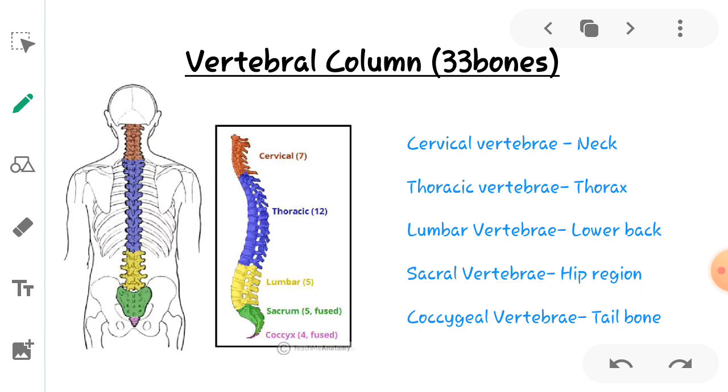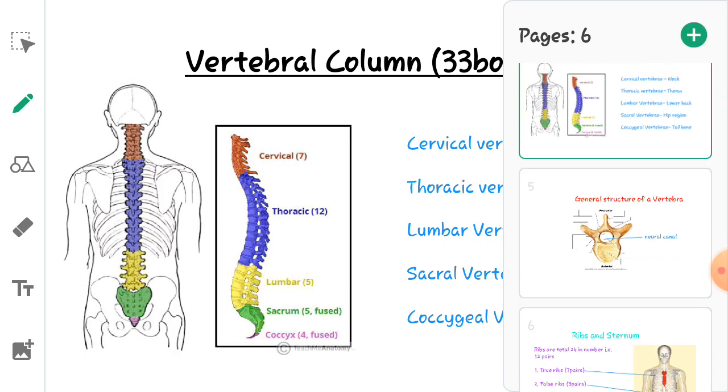It appears as a single structure. So it forms by the fusion of 5 sacral vertebrae. And just next to sacrum, we have a tiny pink color structure. This is known as coccyx, or you can say tailbone, and it is made up of 4 coccygeal vertebrae. These are also fused.